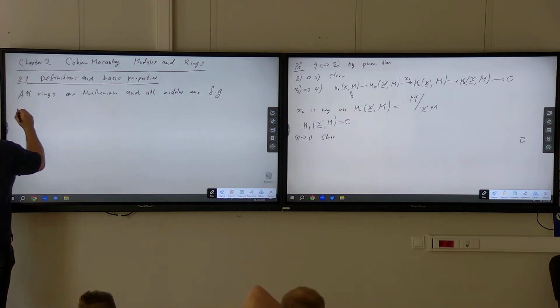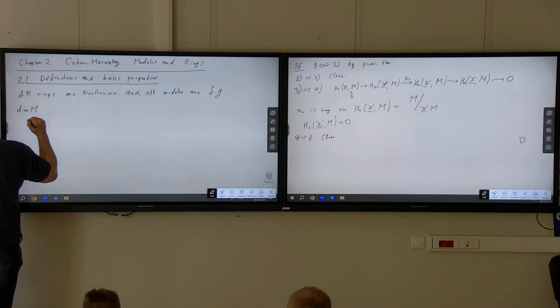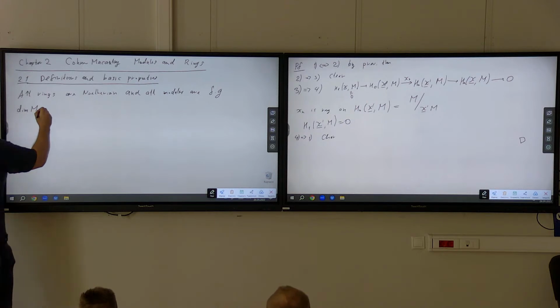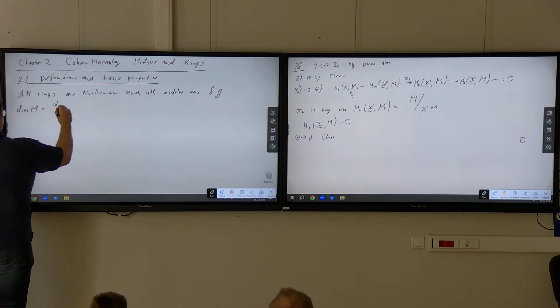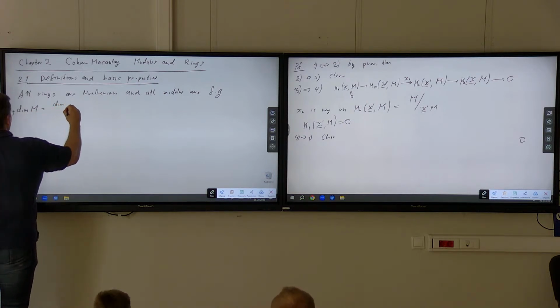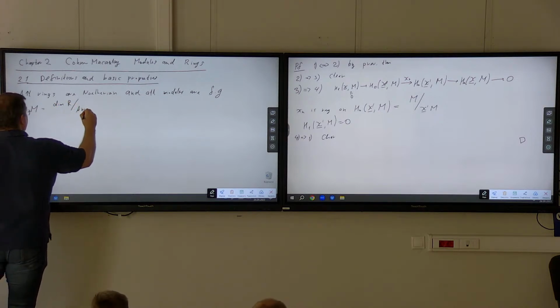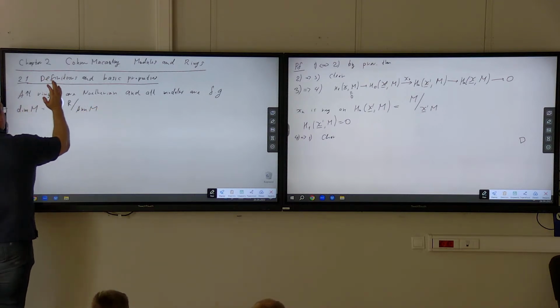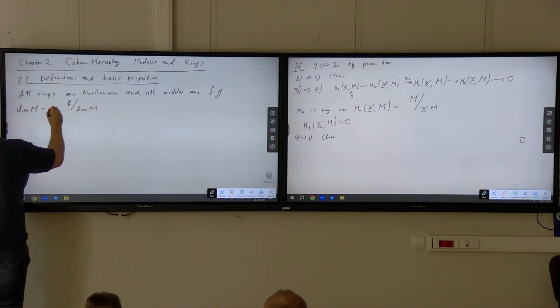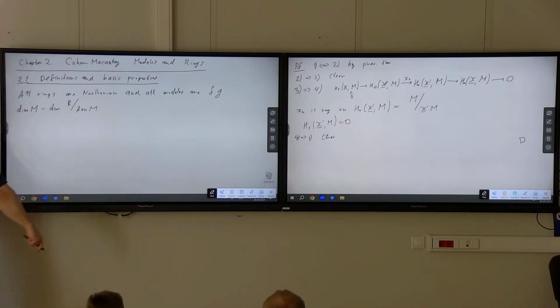Well, first observation before I do the first definition. If I look at the dimension of a module, which is a finite module, then this is the dimension of the ring modulo the annihilator of this module. If you wish, this is the definition of the dimension of the module.